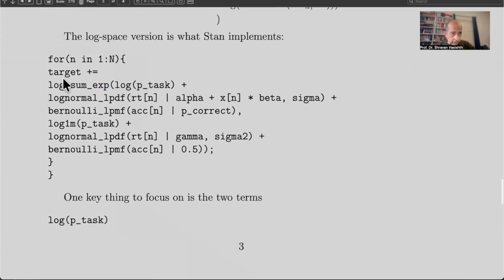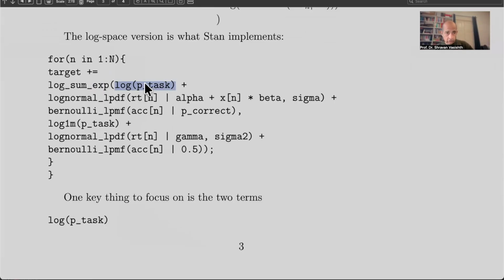One thing to remember, which might be confusing, is that you've got a log of p_task here. What I'm showing you here is the model where you don't take the instruction into account. That was the first model we discussed.